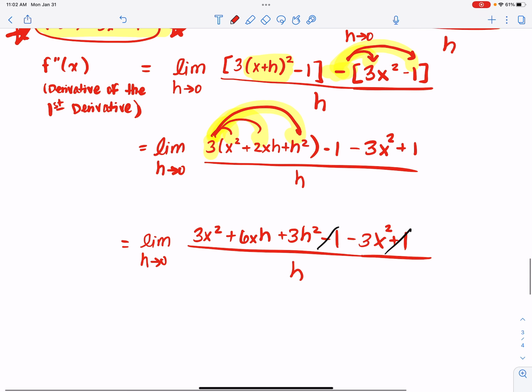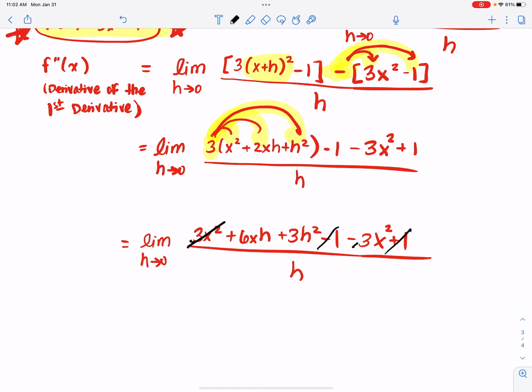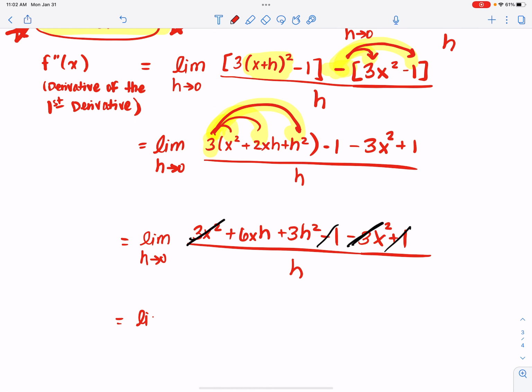Okay. All right. So yes, the 3x squareds cancel out. And there you go. Now we're just left with the limit as h approaches 0. Most people don't even have to rewrite this out. I think you can kind of see what's going to happen. But I like to rewrite everything out just so I don't confuse anyone. 6xh plus 3h squared over h. And then what do I do now? Because I can't direct substitute.